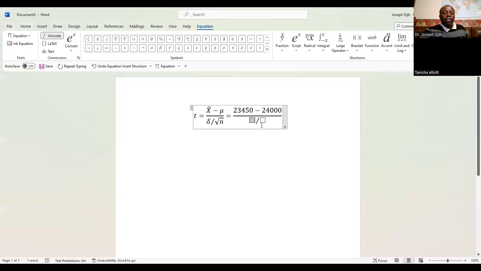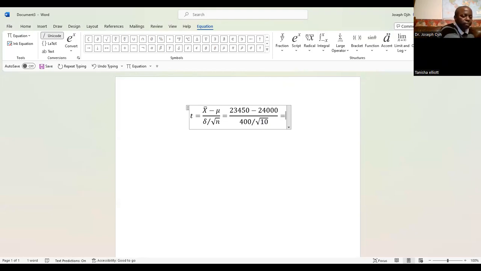The sample standard deviation is 400, square root of n. N is 10. So let's go and put this in the calculator.